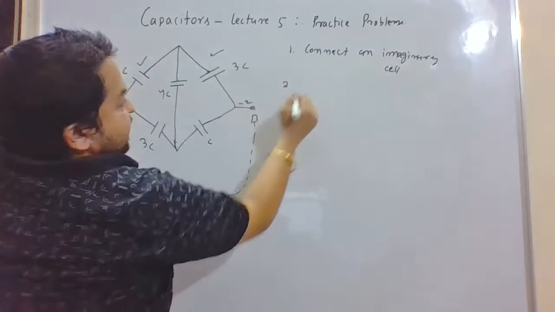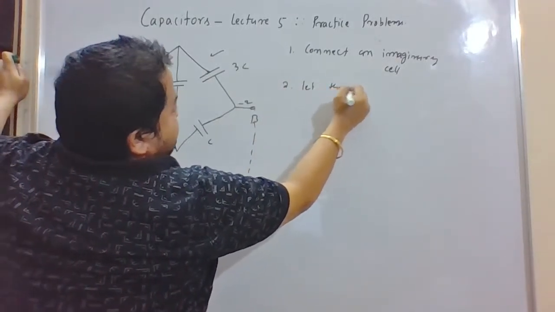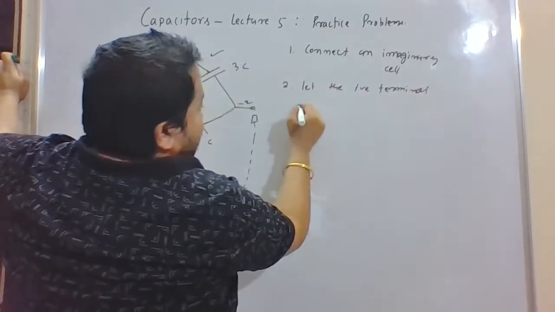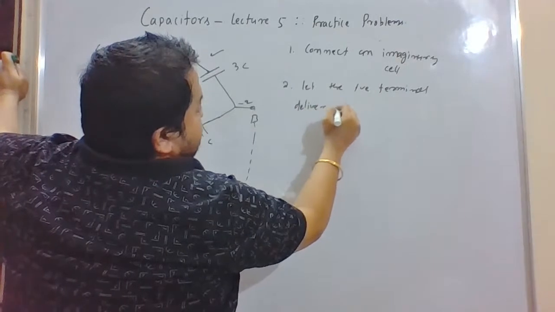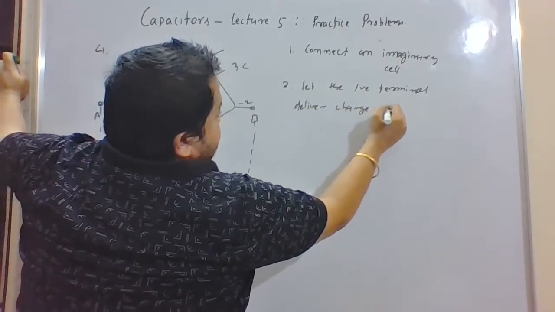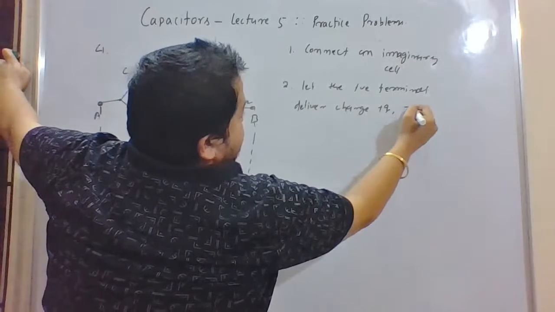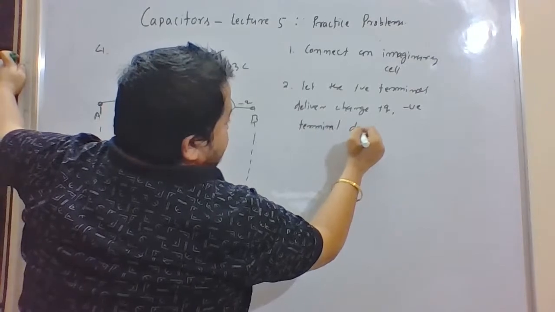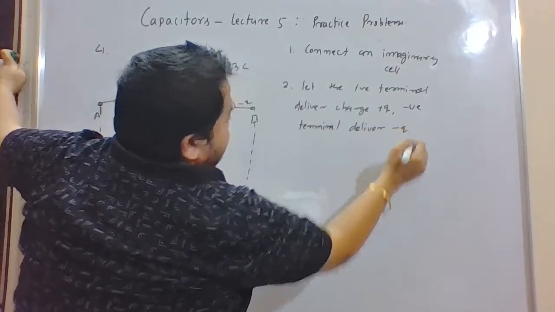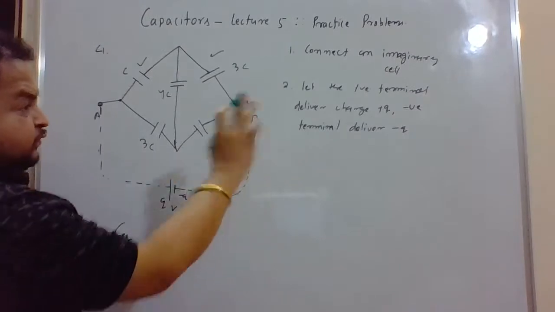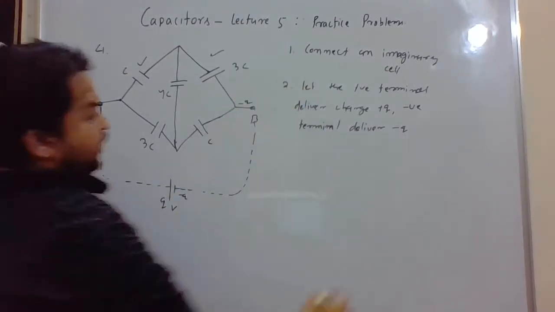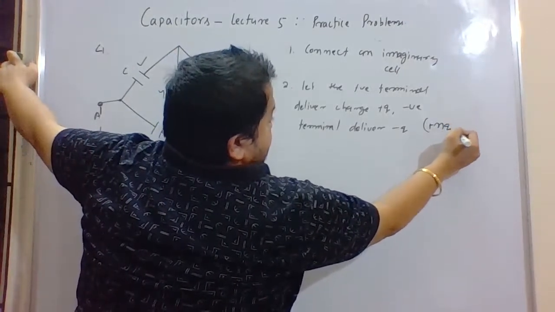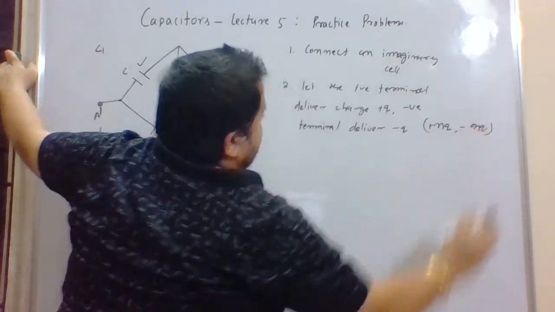Second point is, let the positive terminal deliver charge plus Q, and the negative terminal deliver minus Q. You can also take plus nQ and minus nQ at your convenience.